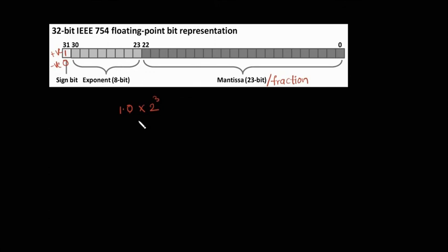The generalized form is minus 1 power s into 1 point fraction, where fraction is nothing but this value over here, into 2 power e. E is nothing but the exponent. The exponent that we store here is nothing but e.